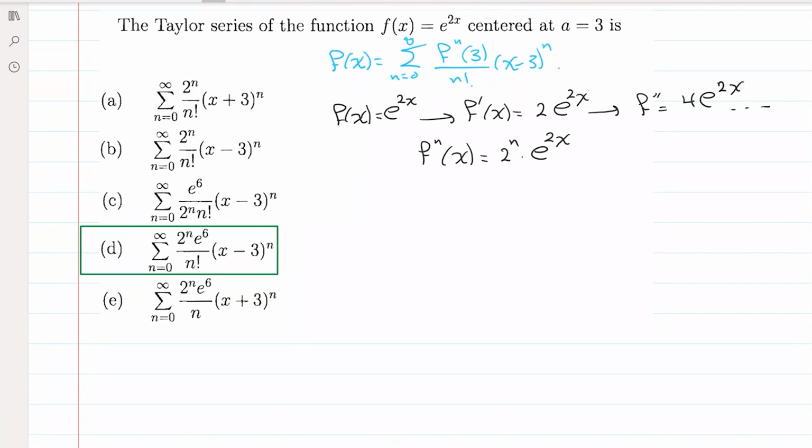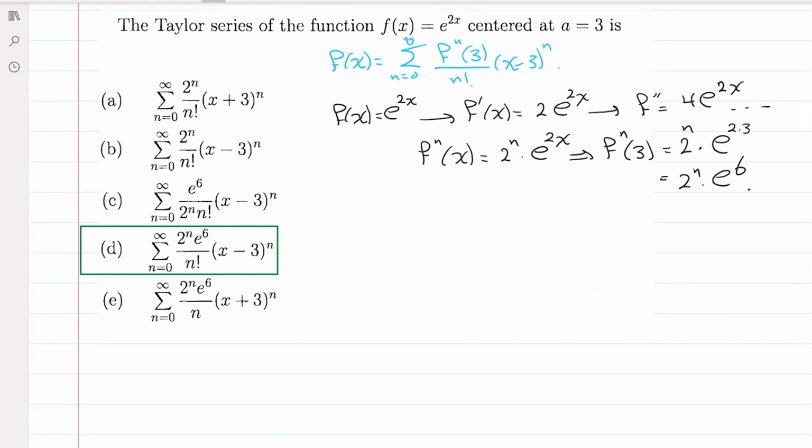Now, what is the nth derivative, not at any point, but at a certain point, at 3? It will be 2 to the power n times e to the power 2 times 3, which is 2 to the power n e to the power 6.